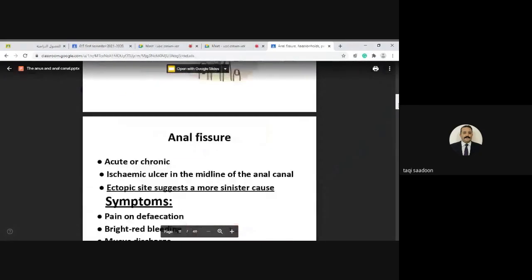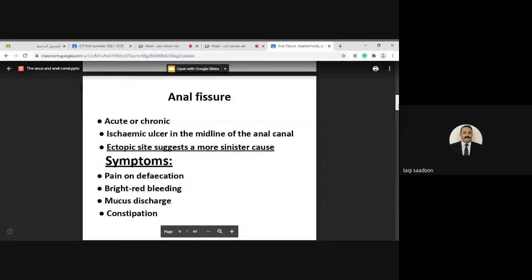So the symptoms of anal fissure may be acute or chronic. Ischemic ulcer in the midline of the anal canal. طبعاً if the ectopic site suggests sinister cause, maybe serious other pathology. The symptoms usually pain. The most common presentation is pain on defecation. وهذا الpain بالحقيقة يخلي البيشنت يخاف, afraid to pass motion because it's painful.